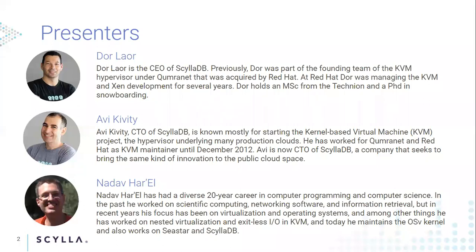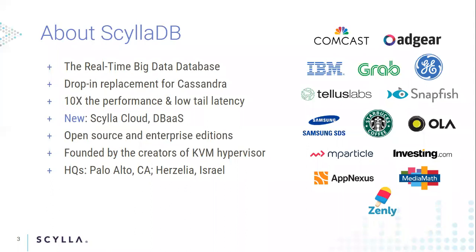So today we're going to cover Project Alternator by Scylla. If you do not know what ScyllaDB is, you're probably logged into the wrong webinar. We're a NoSQL database company. We address real-time big data use cases. This is where we shine the most. We have compatibility with Cassandra and now with the DynamoDB API.